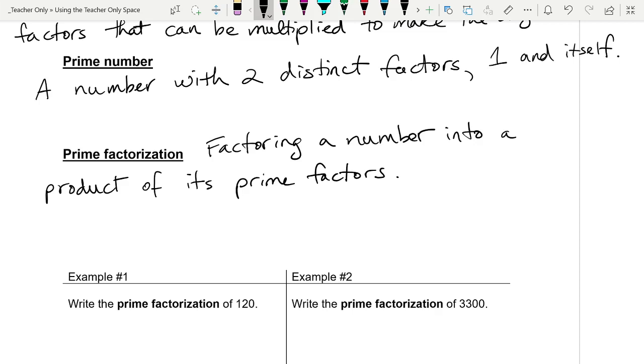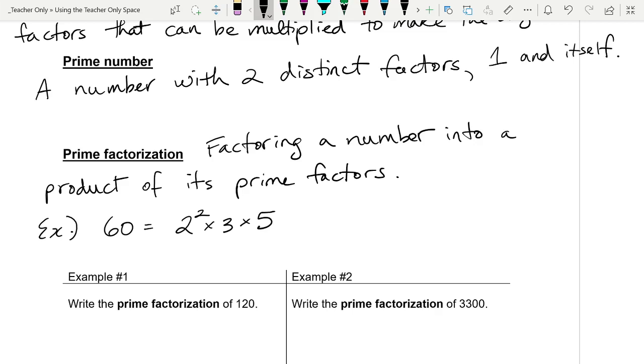For example, let's do 60. The prime factorization of 60 is 2 times 2, but I'm going to actually just write it like that. If I have the same factor twice, I might as well use an exponent, times 3 times 5.